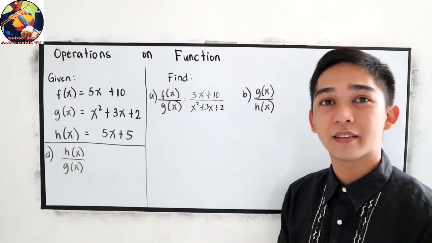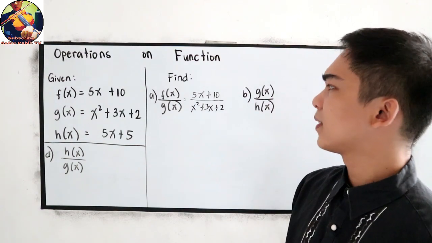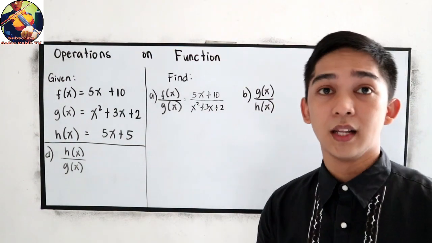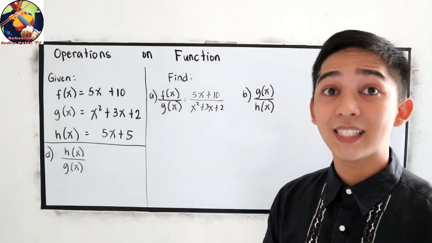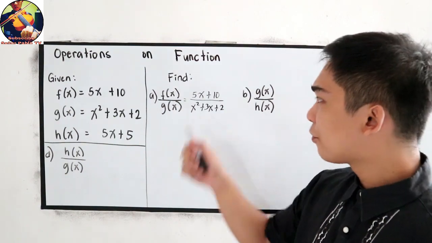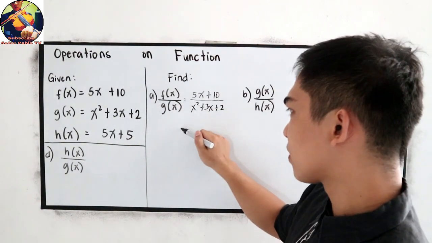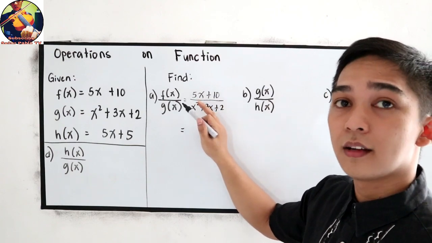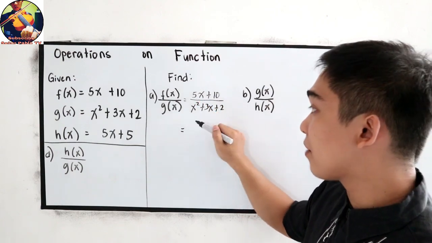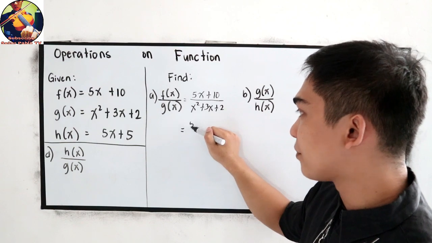Let us simplify. To simplify, since this is a polynomial, we can find the factors of our numerator and denominator. For the numerator, let us use the greatest common factor. So the GCF in our numerator is 5.